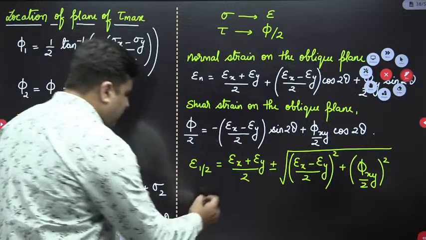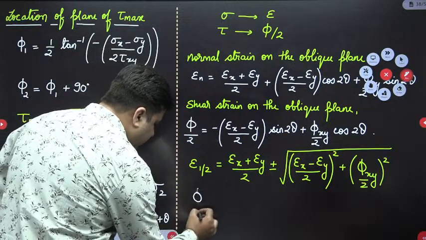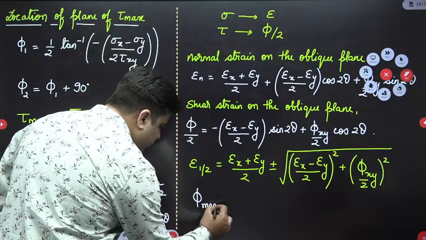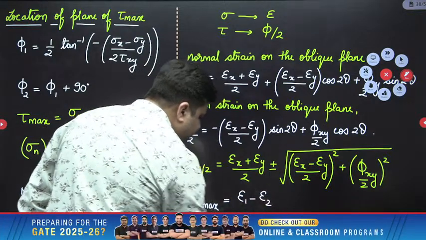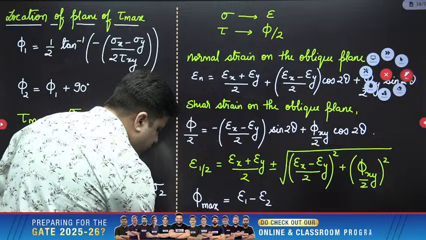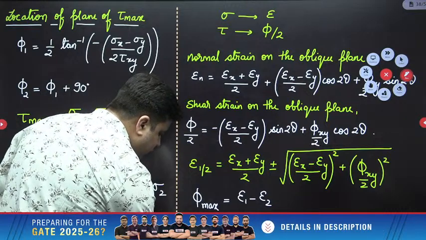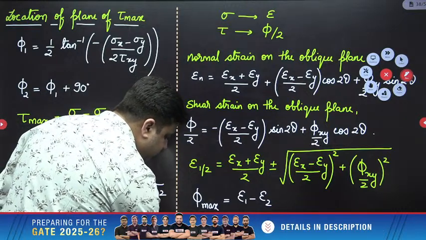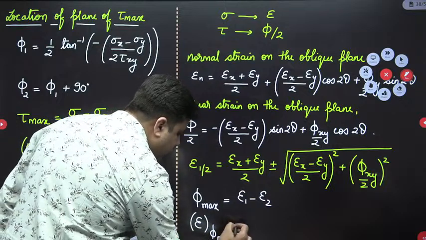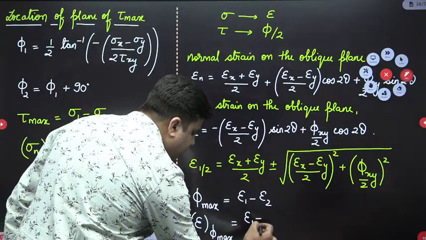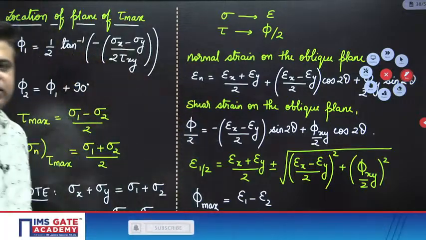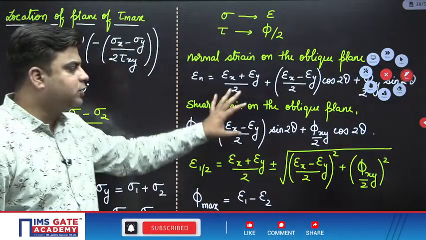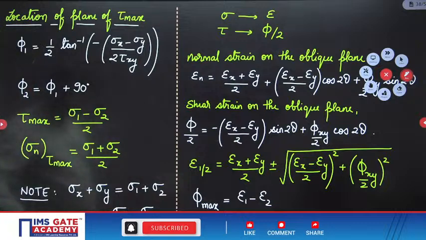Last is phi max, which is equal to epsilon 1 minus epsilon 2. Similarly, normal strain on the plane of phi max is epsilon 1 plus epsilon 2 by 2. Just remembering these expressions, you can solve any question asked from this area of principal stresses and strain.